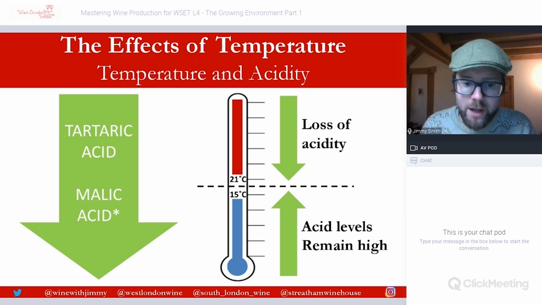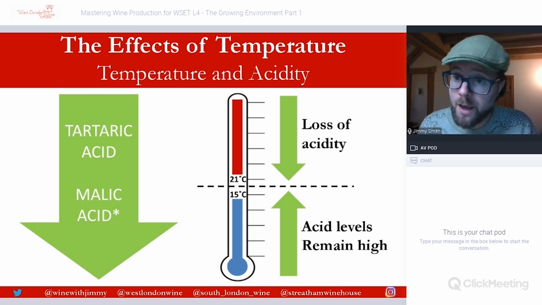Now, this is something which I have shown before because it was relevant to the growth cycle as well, but a link between temperature and acidity. So malic acid, which I have identified here, don't worry about the asterisks on this slide, it means nothing, but malic acid degradation is increased at warmer temperatures. That is why in very cold places, malic acids are quite a big part of the wine, like Chardonnay in Chablis, for instance.